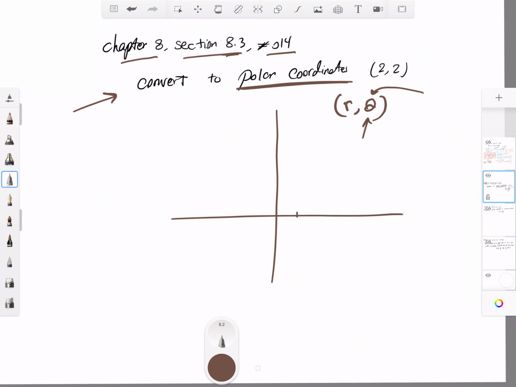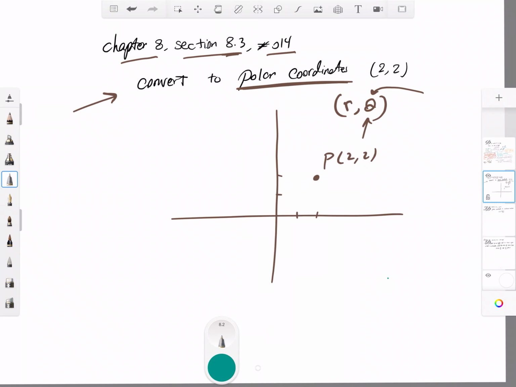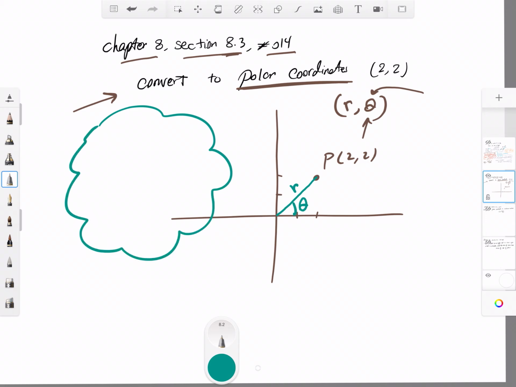So 2 and 2, this is a point P, for example, (2, 2). In order to make it r and theta, this is r and this is theta. From the formula in your note sheet, we have r equal to radical x squared plus y squared and theta equal to tangent inverse of y over x.